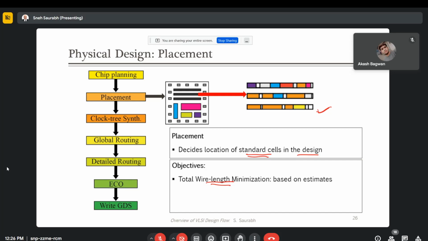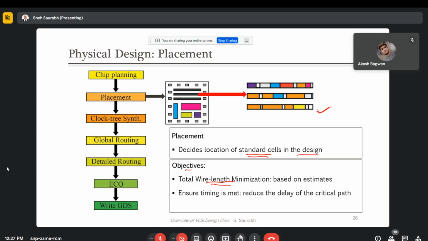And therefore we want to minimize the wire length so that the delay of the signals is reduced. And therefore we want to place cells which are connected in close vicinity. Cells which are connected together are placed together. That is the objective of placement, right?